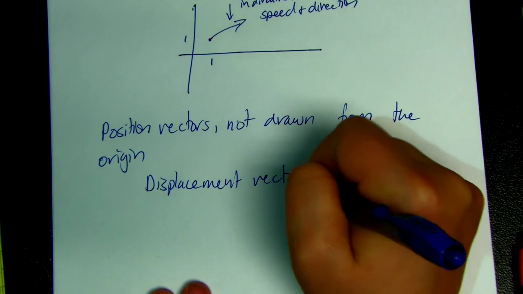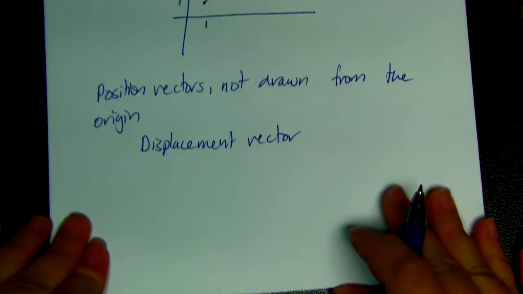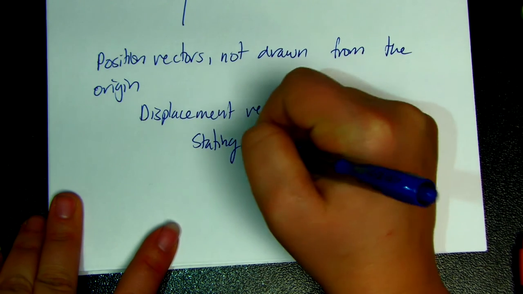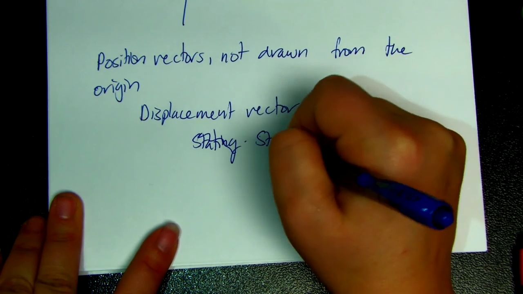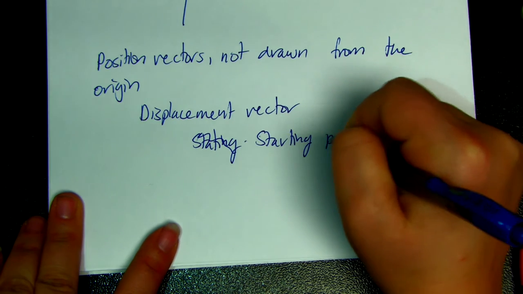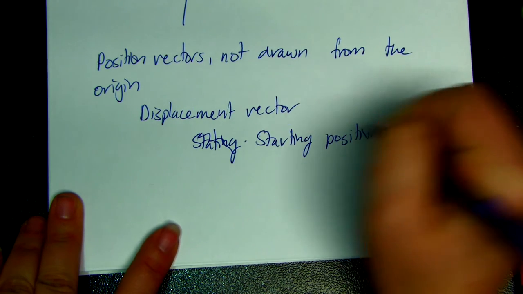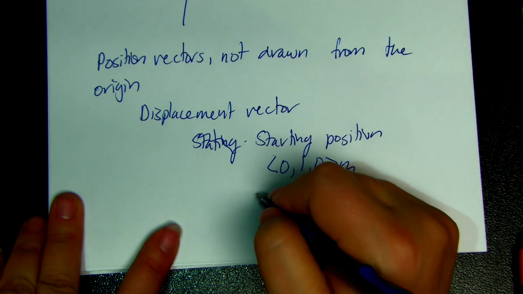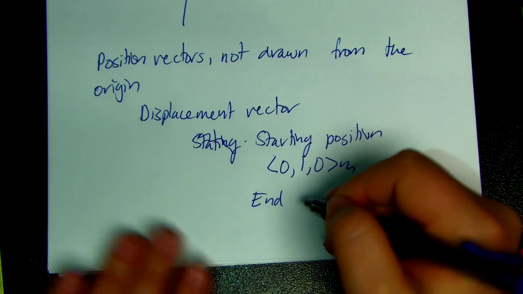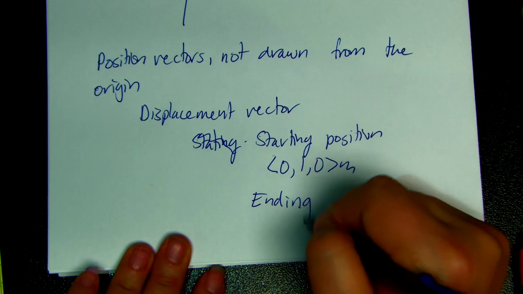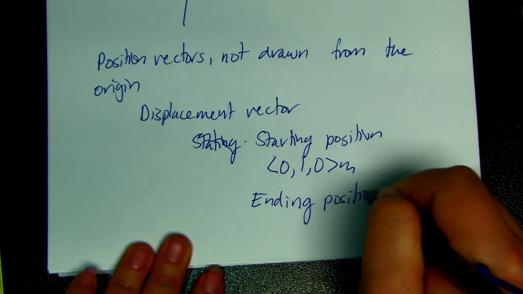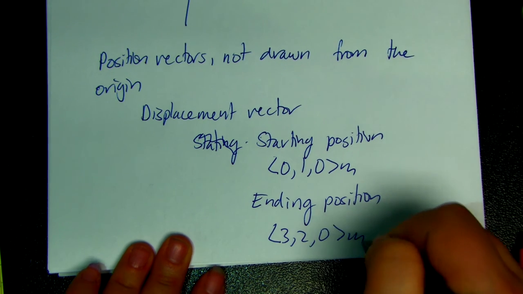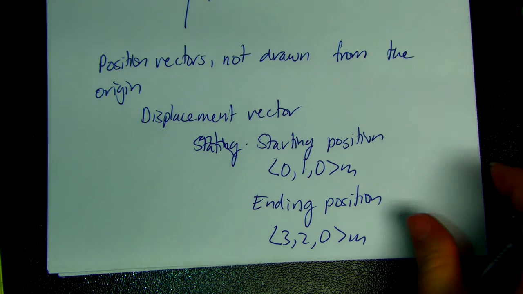So with the displacement vector, let's say you start at 0, 1, 0 meters, and go for a little walk, and then you end at 3, 2, 0 meters. Just going for a little walk.